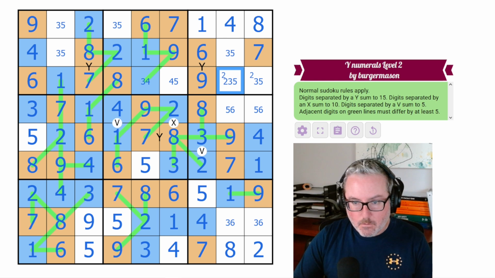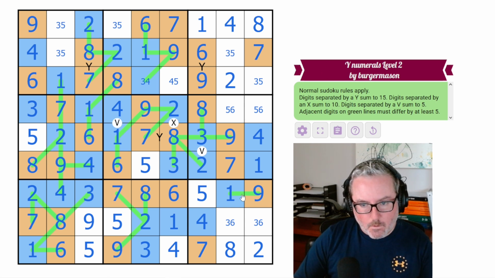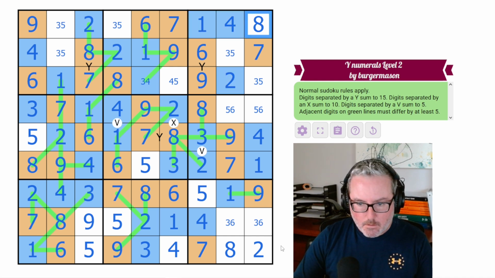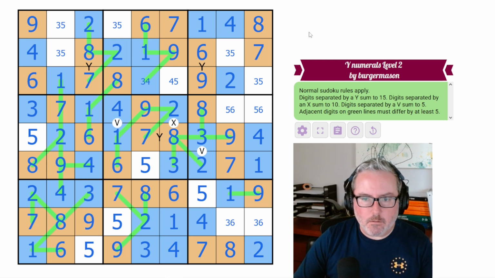This can't be 4. Oh, that can't be a 2, so this is our 2. No. Okay. Now let's do our coloring again. Sorry. Keep neglecting that. I get that taken care of, just so it's all good to go.